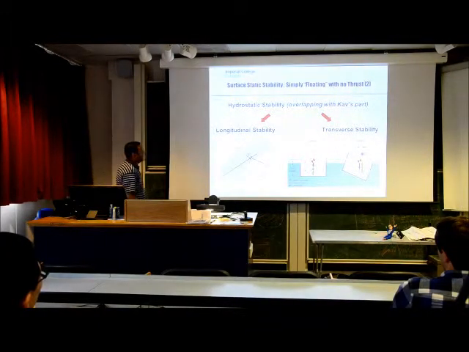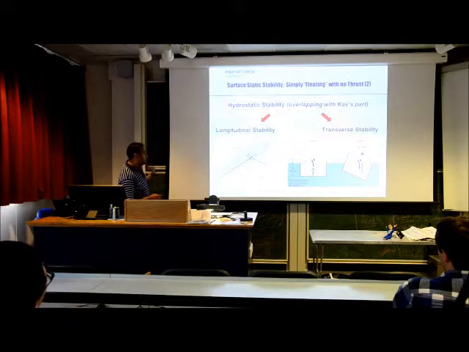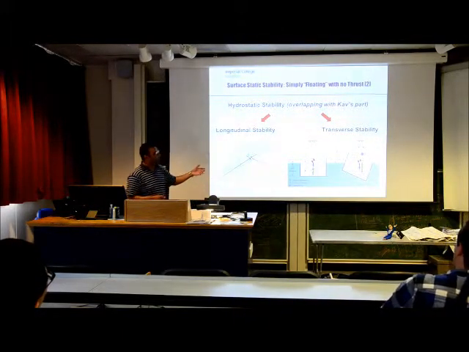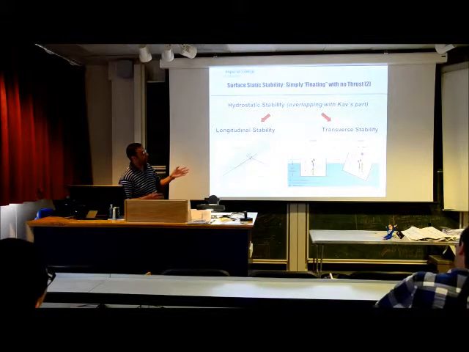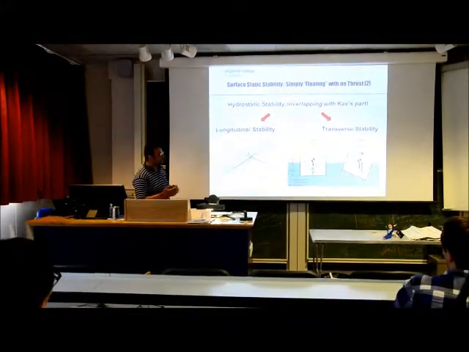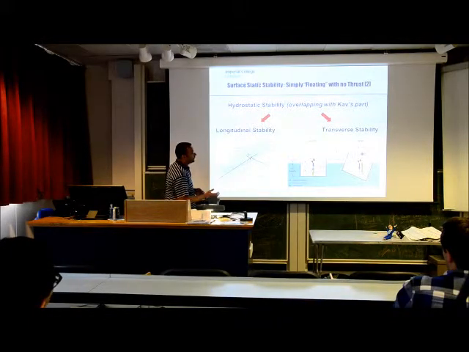In the longitudinal stability, we care about the position of the metacenter with respect to the center of gravity longitudinally, along the longitudinal axis. Whereas in the transverse stability, we care about the same position and about the restoring moment the center of buoyancy will give following a disturbance.